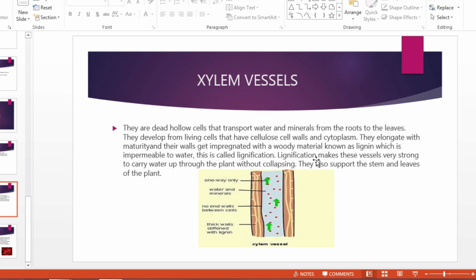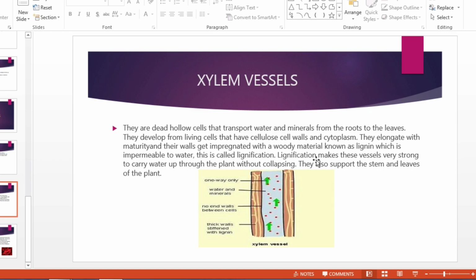So they elongate. When they elongate and are mature enough, their walls are impregnated by a thick woody material called lignin. Lignification makes this vessel very strong to carry the water up through the plant without collapsing.